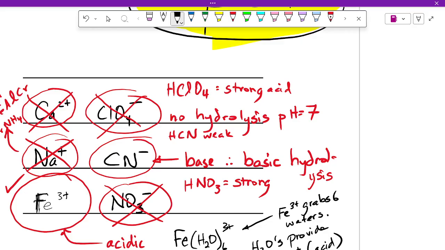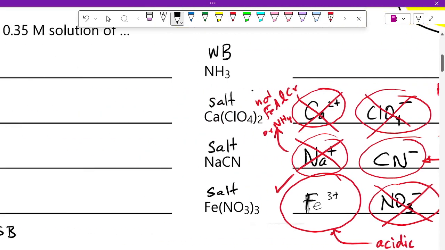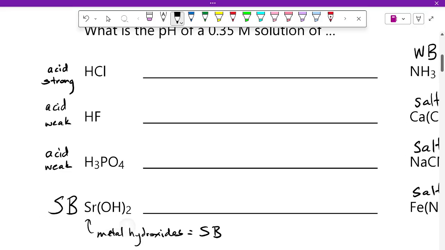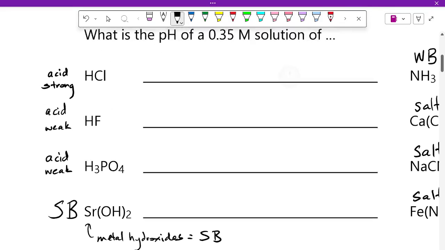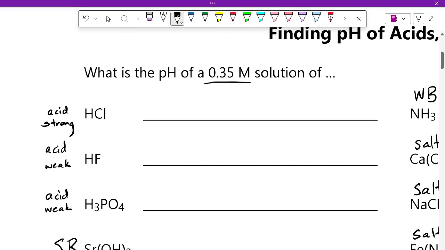Now, we're not going to do all the math associated with these, but what we're going to do is go through and you're going to tell me the tool or tools that you would use to find the pH of these solutions. What would we use to find the pH of a 0.35 molar solution of HCl?